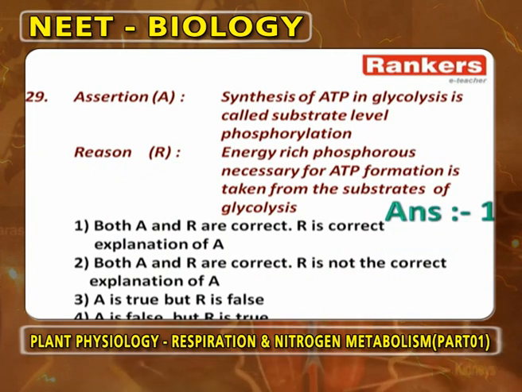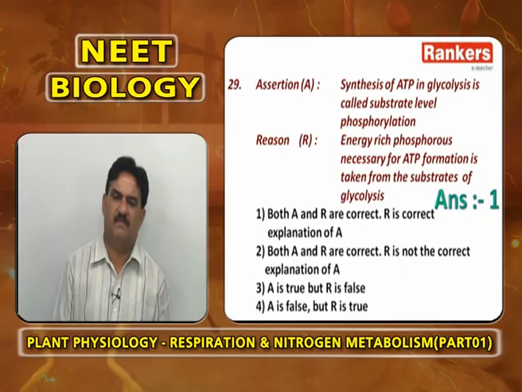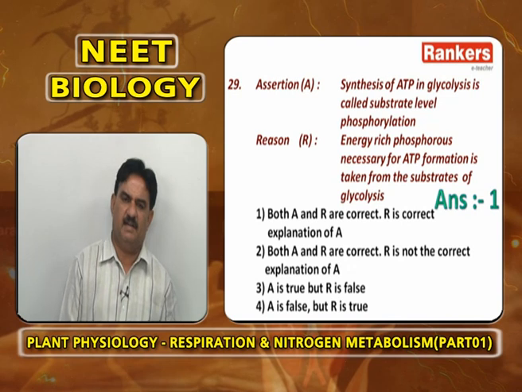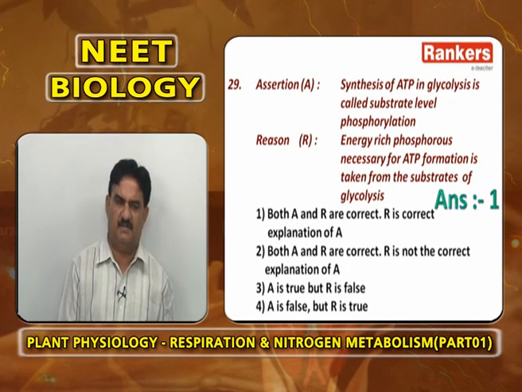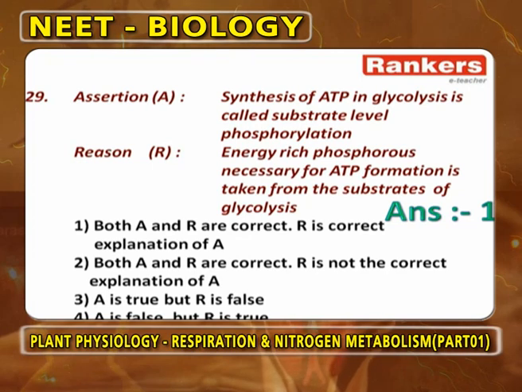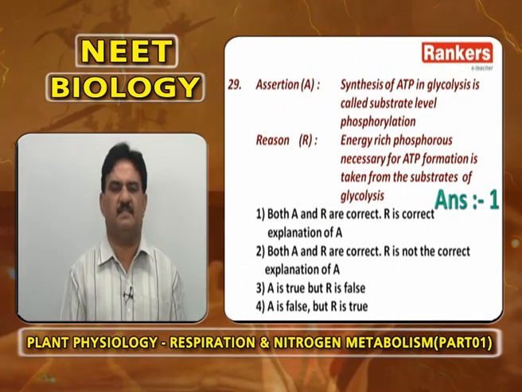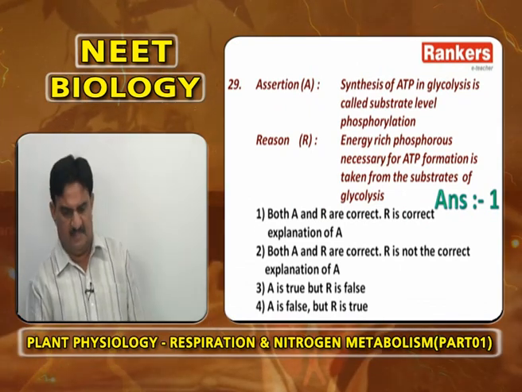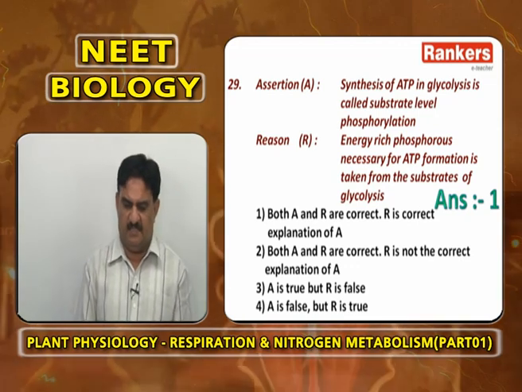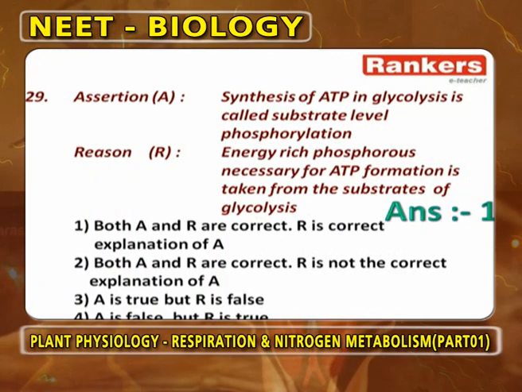Many assertion reasons are given this time because of their importance. Synthesis of ATP in glycolysis is called substrate level phosphorylation. Definitely, when 1,3-diphosphoglyceric acid is converted into 3-phosphoglyceric acid, 1 ATP is produced, that is substrate level phosphorylation. When phosphoenol pyruvic acid is converted to pyruvic acid, 1 ATP is formed, that is another substrate level phosphorylation. Energy rich phosphorus necessary for ATP formation is taken from the substrate of glycolysis.